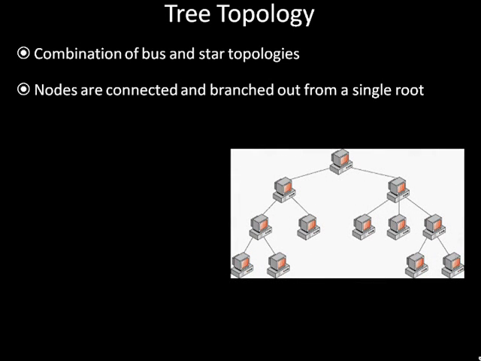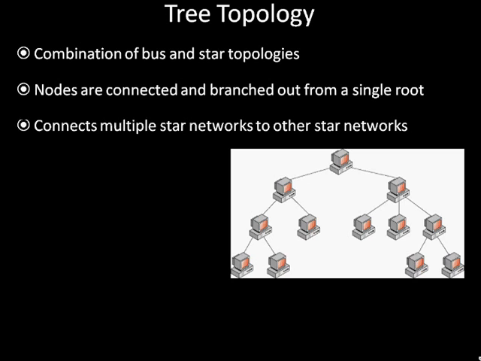That is, it connects multiple star networks to other star networks. The root node usually controls the network and sometimes the network traffic flow. This topology is easy to extend. When new users need to be added, it is simply a matter of adding a new central connection device.